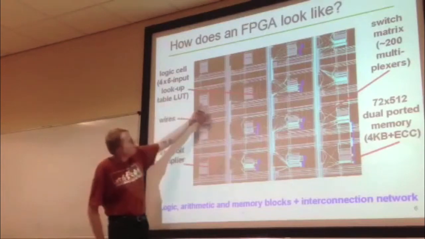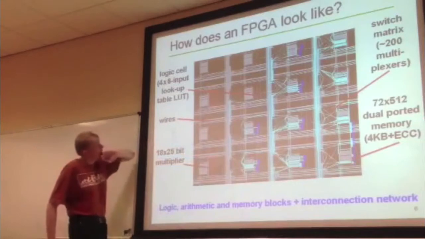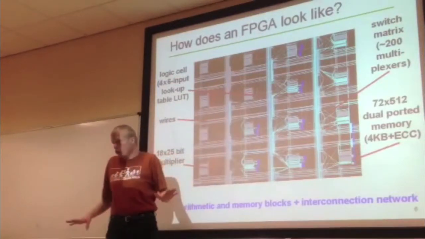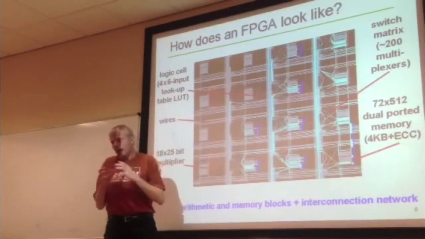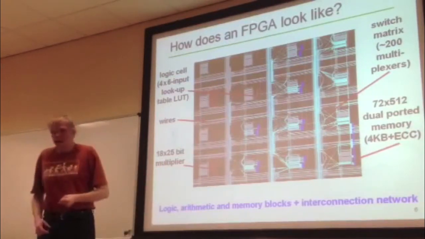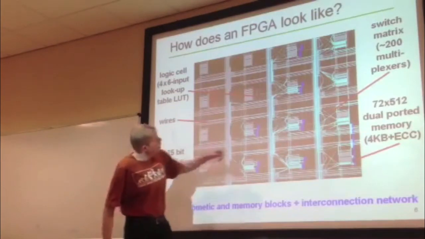So logic is implemented in lookup tables. That's on one of the next slides that explains this. Now those are basic cells to implement any kind of logic, but they can only implement very little logic on gate level. AND gates, OR gates, counters, something like this. Okay. Then you have such things.